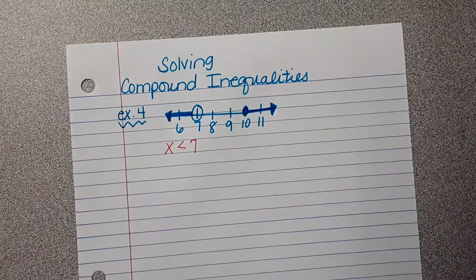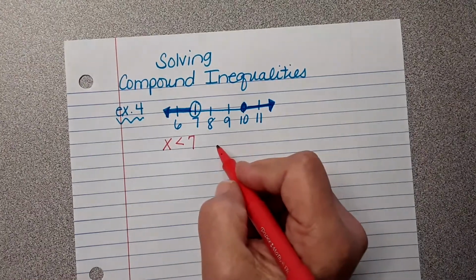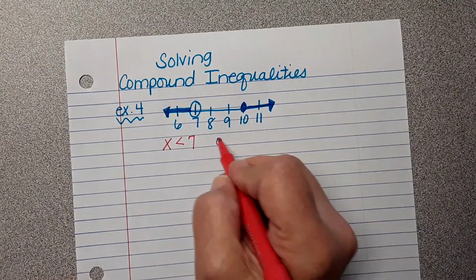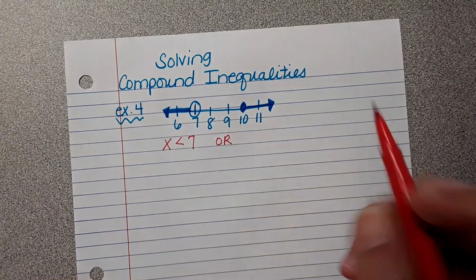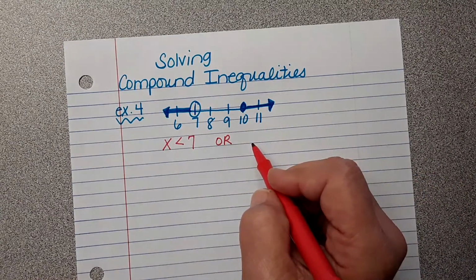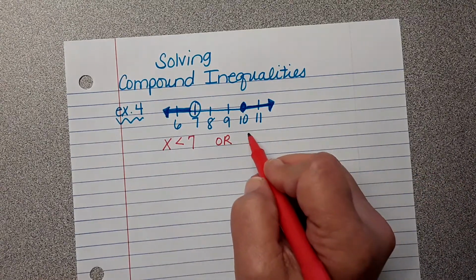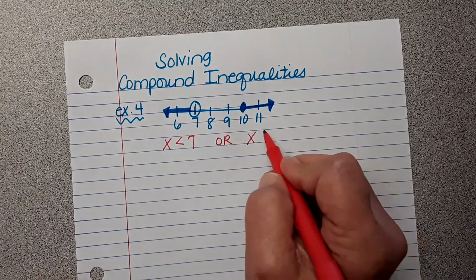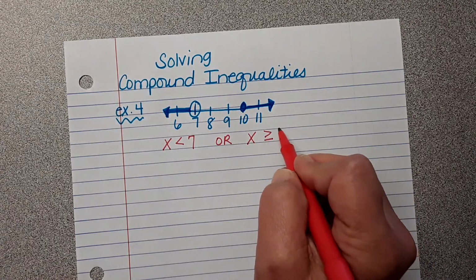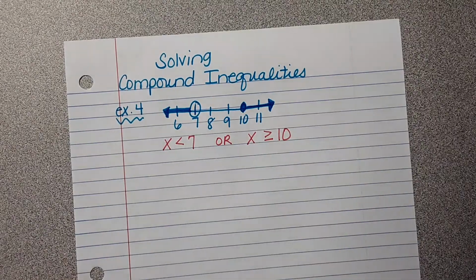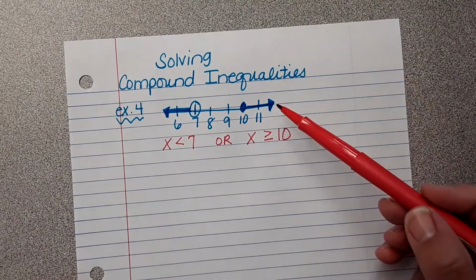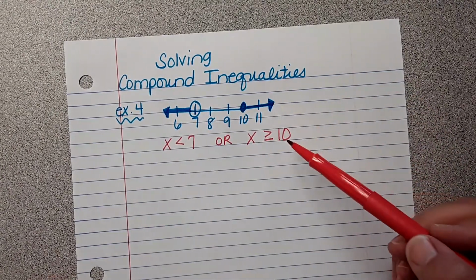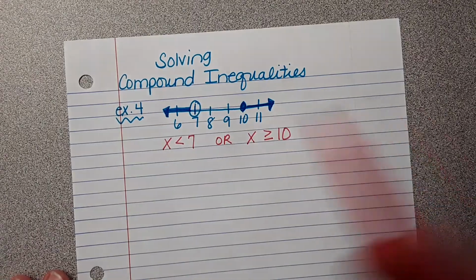Since it's not shaded in between the two endpoints, it's going to be an OR. And then it's going to be greater than or equal to 10. So you'll have problems where it's like this and you have to write an inequality for it, okay?